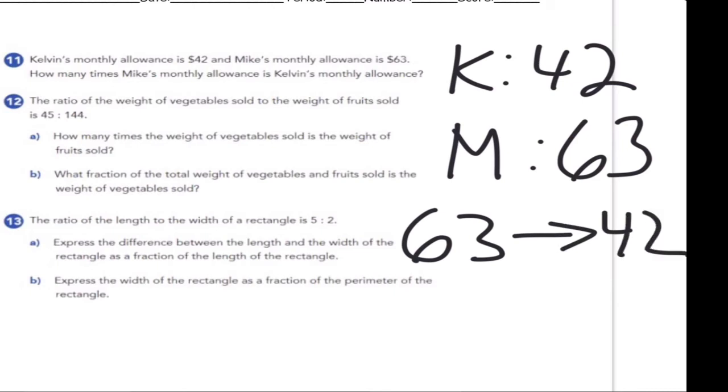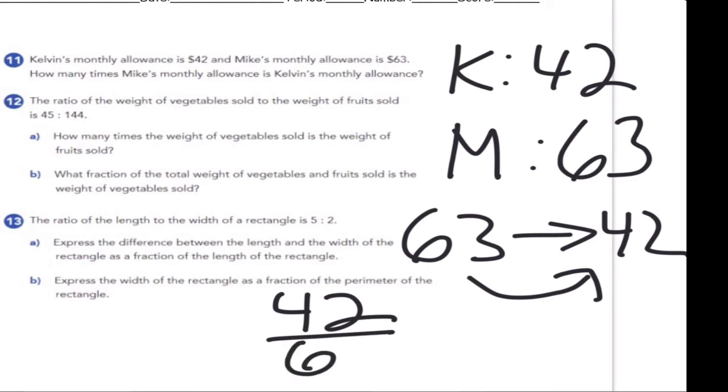So when I look at this, first of all, I know I'm going down. So I'm going to be multiplying by something. So the ratio needs to be less than 1, because when you multiply any number by less than 1, it shrinks. So when I look at this, I'm going to write 42 over 63 then. That is going to be my ratio. And then I can simplify this because I know each one I could divide by 3.